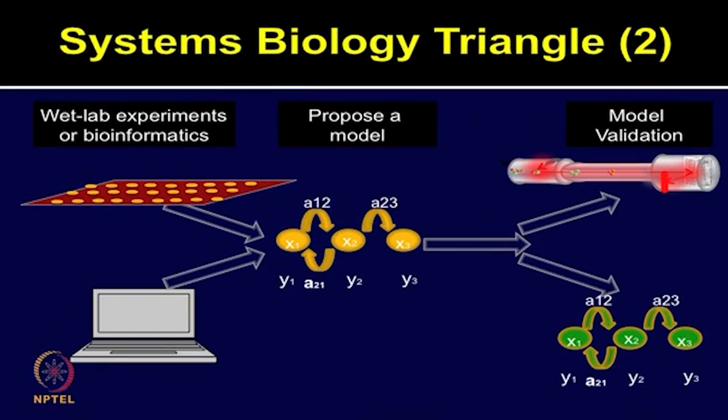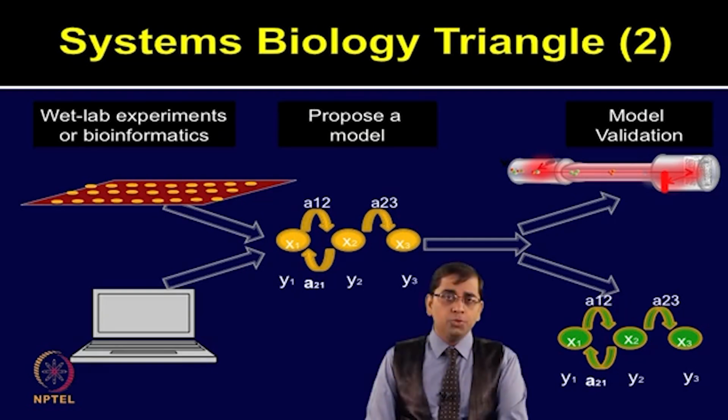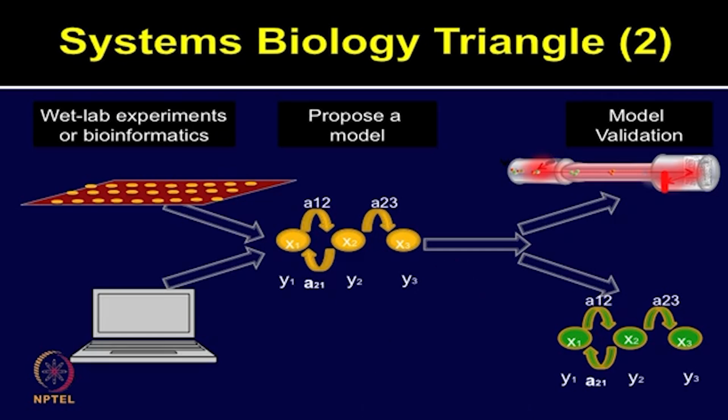In the systems biology triangle, wet lab experiments or bioinformatics based data analysis could be used to propose a model. Model building is an aid to understand a complex system, and some hypotheses could be generated which could be used further to propose more quantitative or predictive models, and also it can be used for independent techniques for model validation.